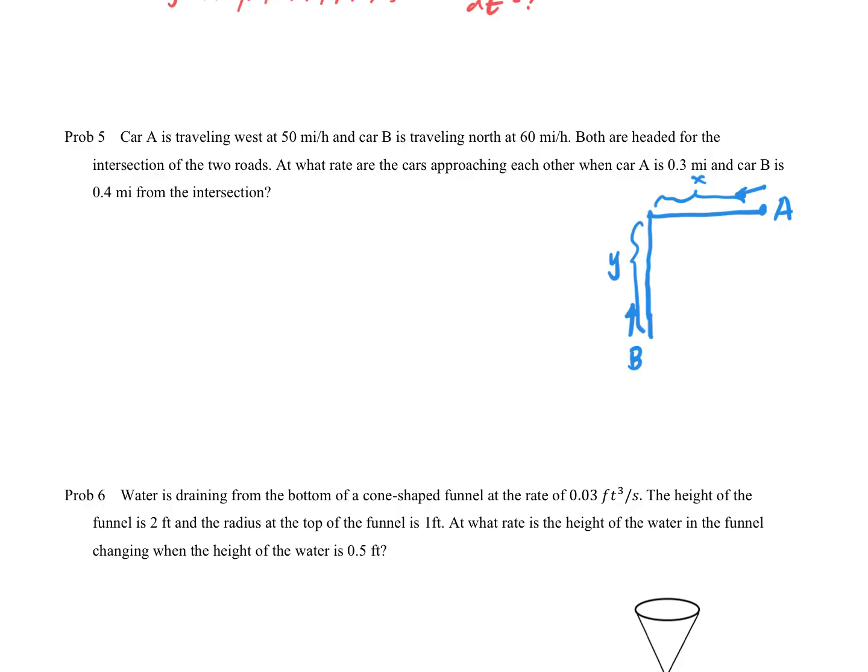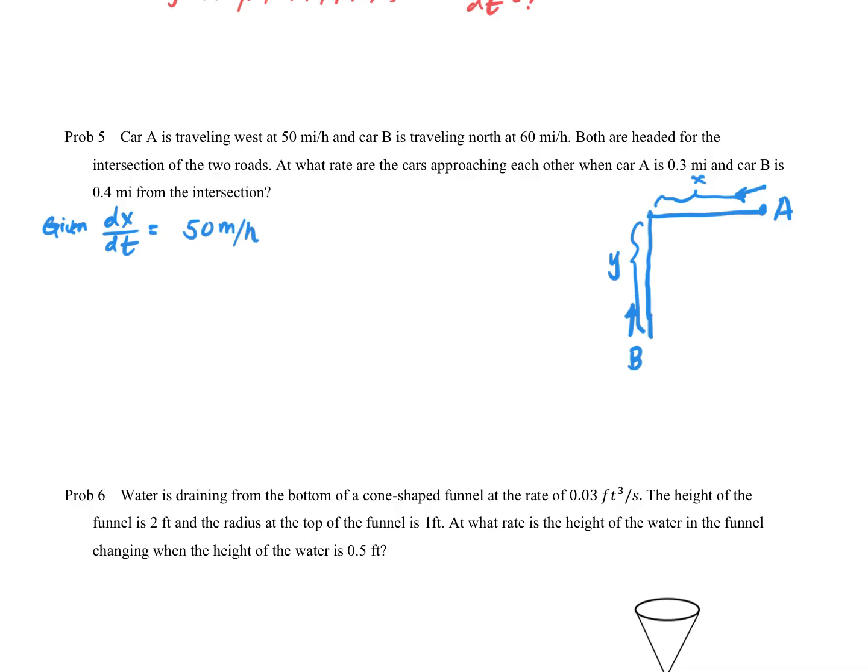So this traveling 50 miles per hour is the rate of change of car A's position. So I'm going to say dx/dt. This is definitely dx/dt. So this is what's given here. Given dx/dt is equal to, you may feel like, okay, I'm going to write 50 miles per hour.